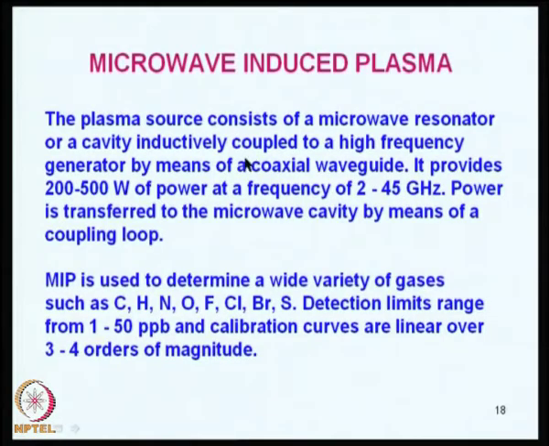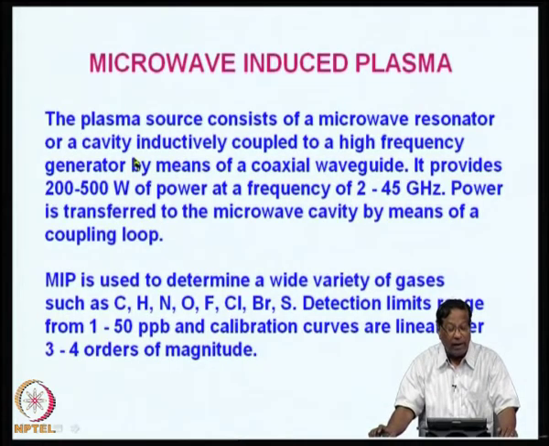Microwave induced plasma. Now I have discussed with you about ICP, inductively coupled plasma, and now I am coming to microwave induced plasma. This is another way of inducing the plasma, but this is not so popular, but just for the sake of brevity I want to inform you that the plasma source consists of a microwave resonator or a cavity which is inductively coupled to a high frequency generator by means of a coaxial waveguide.